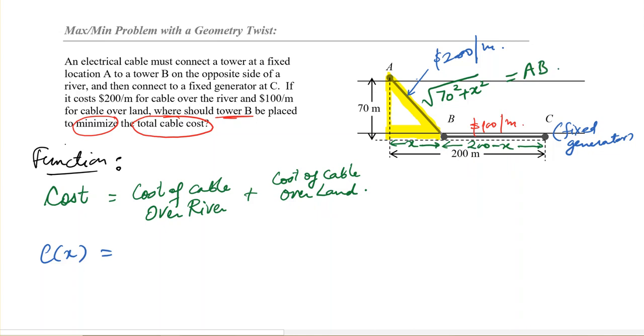So that is our length AB. Therefore the total cost of cable over the river would be AB times 200, so 200 times the square root of 70 squared plus x squared. And the cost of cable over the land is 100 times BC, and the length of BC is 200 minus x.